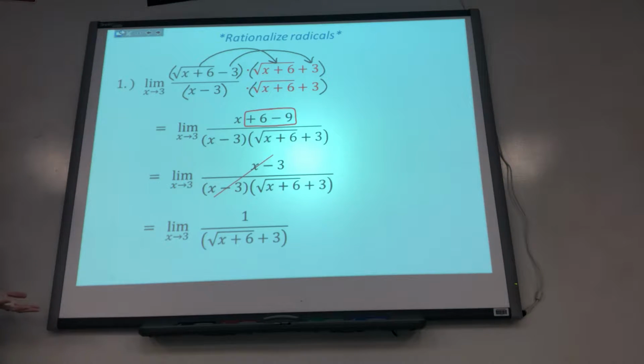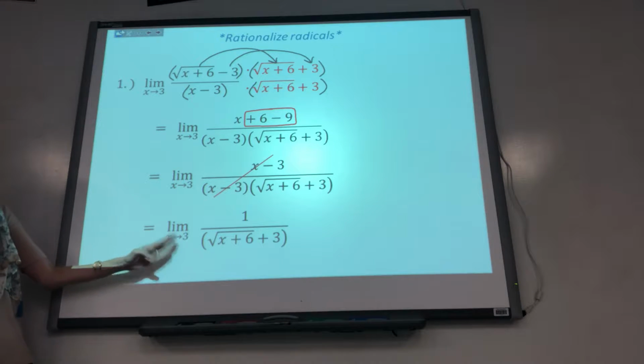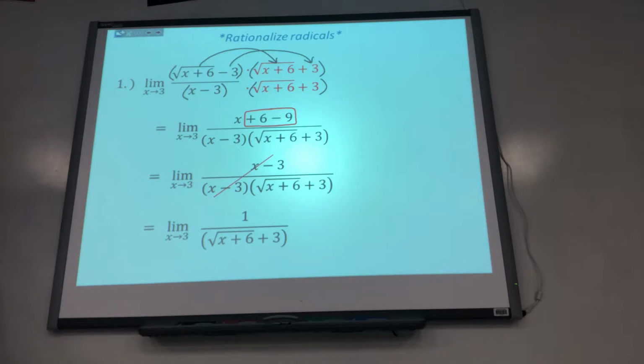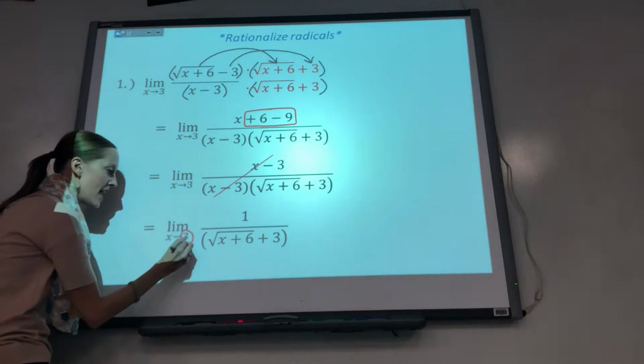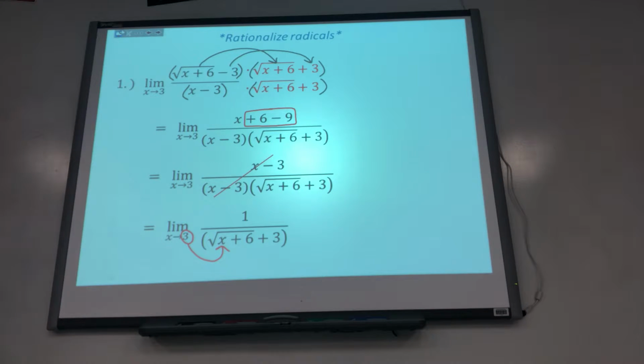But now I'm taking the limit as x approaches 3 of 1 over the square root of x plus 6 plus 3. Now that we've done all of that work, we're going to cross our fingers and try direct substitution again. And we're going to hope that it actually works this time.